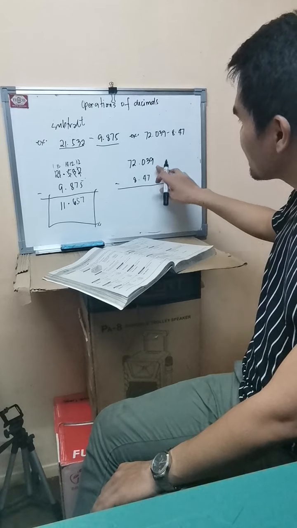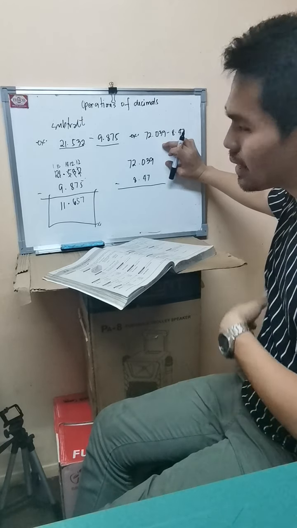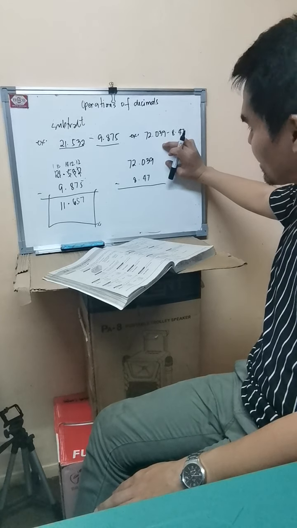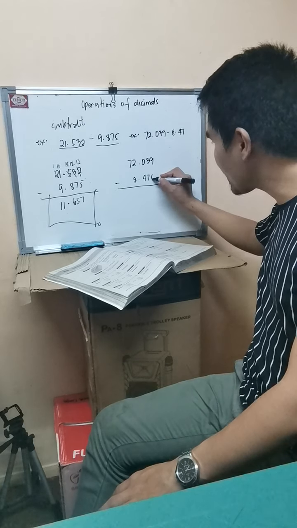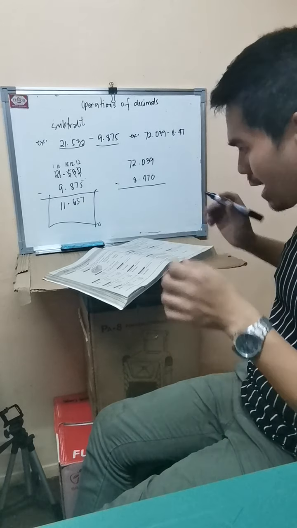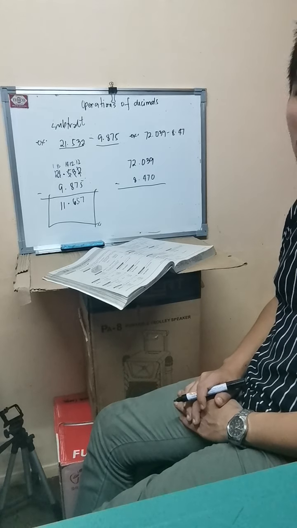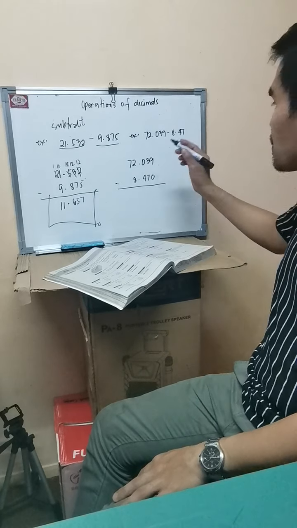Since the decimal notation in the minuend goes until thousandths, and the subtrahend only goes until hundredths, we'll add one more zero here, just to make sure that we completely array the decimal digits according to place value. So then we subtract.